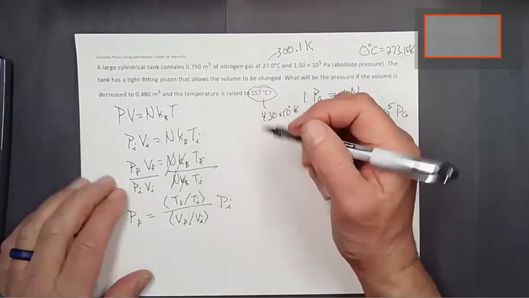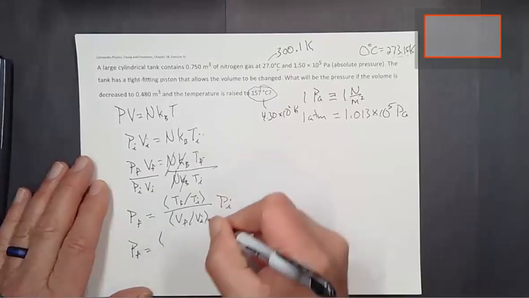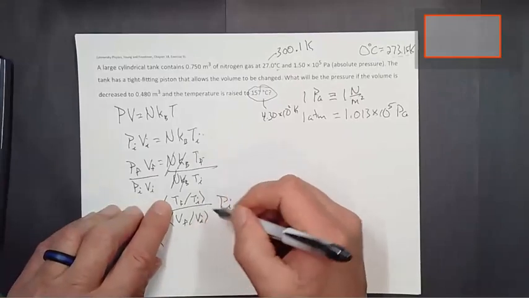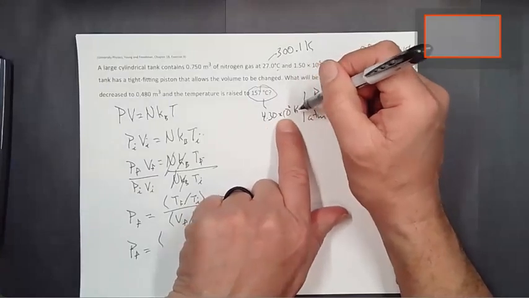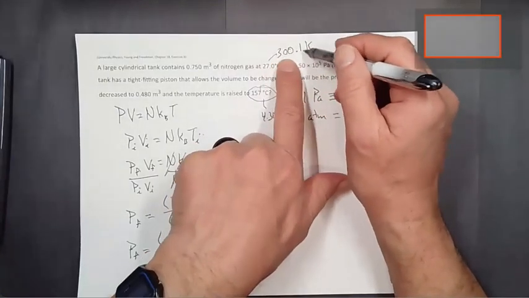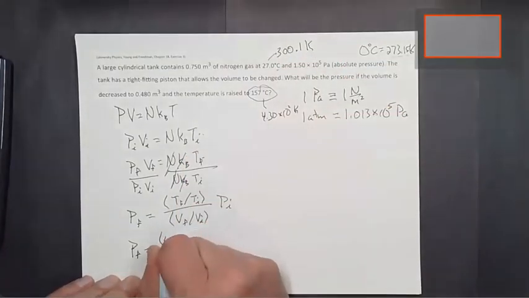And so now I can look at those numbers I've got. P final will equal, well, T final over T initial is 4.30 times 10 squared Kelvin divided by 3.00 times 10 squared Kelvin.